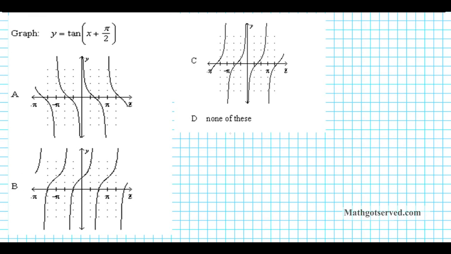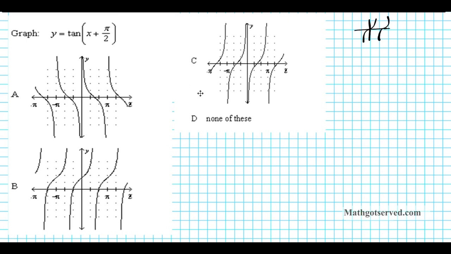Okay, let's take a look at the next question. We're asked to graph y equals tan of x plus pi over 2. To graph this, we just need to remember what the general appearance of the tan function looks like. Remember, the tan, starting from the center, heads to infinity at the asymptote to the right, and to negative infinity at the asymptote to the left, and exhibits the same behavior forever.